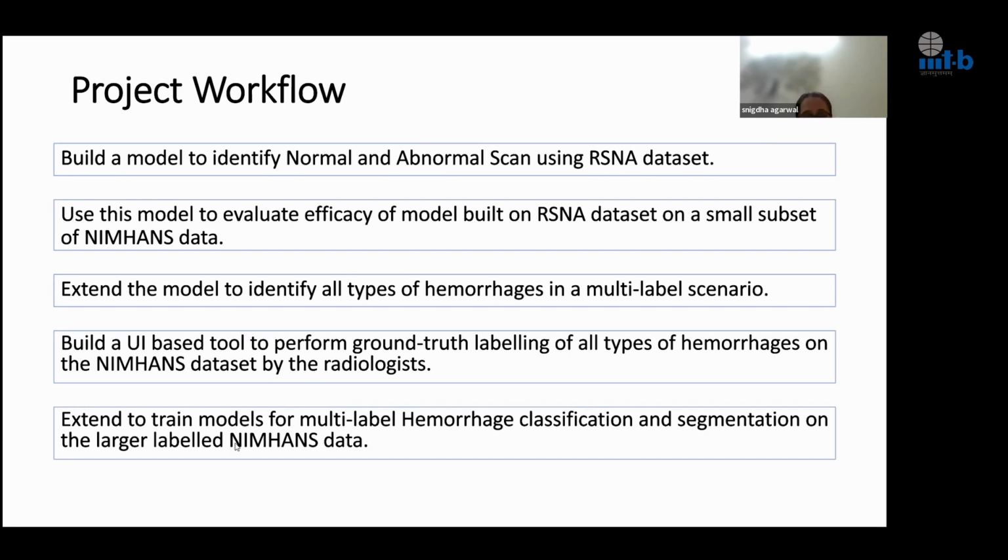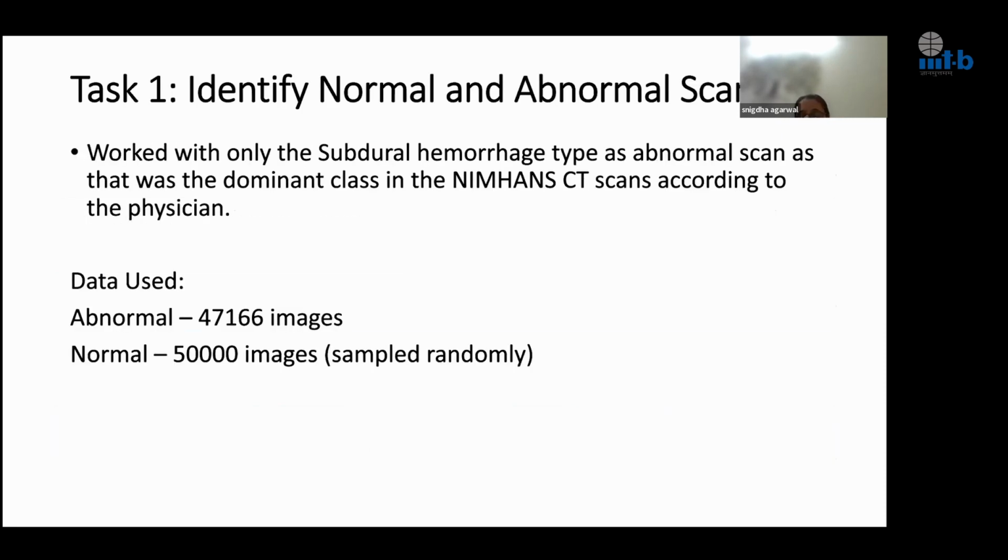We extend this tool to further classify all types of hemorrhages and segment the area of the hemorrhage on the larger labeled NIMHANS data. So the first task that we picked up was to identify a normal and an abnormal scan.